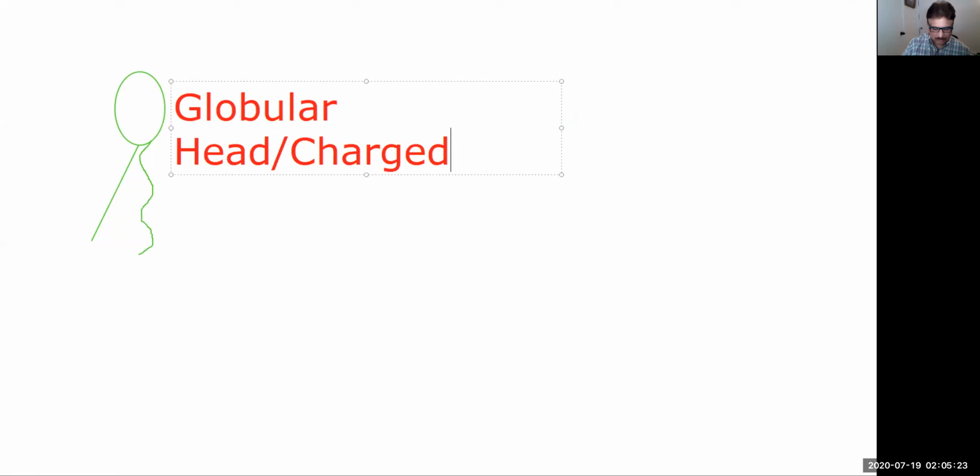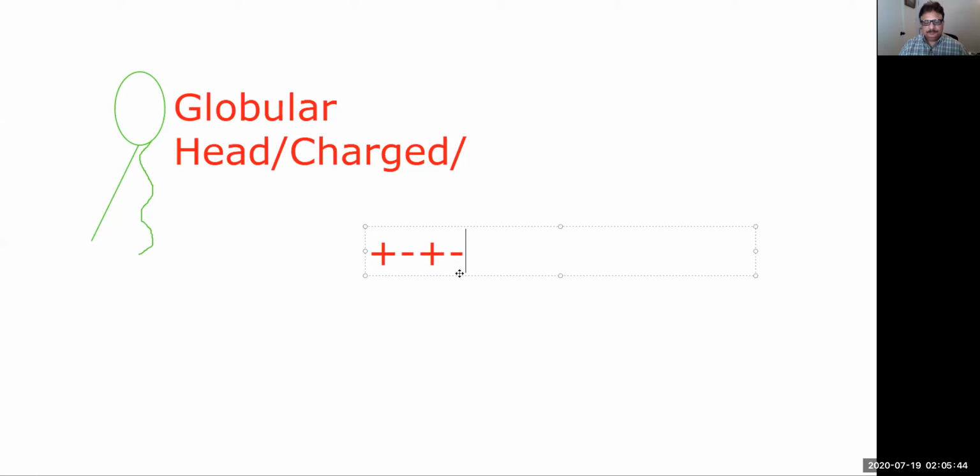thin flagella-like tail. So this globular head, which is charged. Charge means they could be composed of positive and negative charges all over.